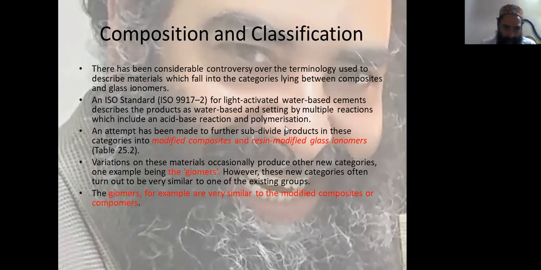An attempt has been made to further subdivide products in these categories into modified composites and resin modified glass ionomers. Variations on these materials occasionally produce other new categories, one example being the giomers.